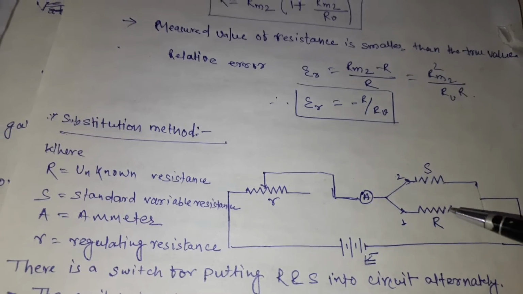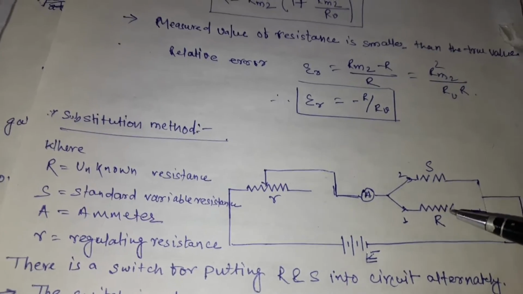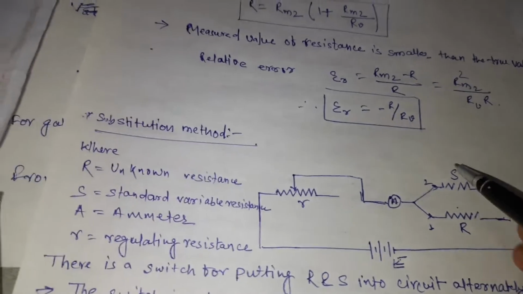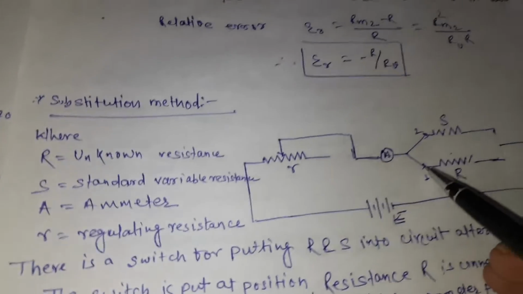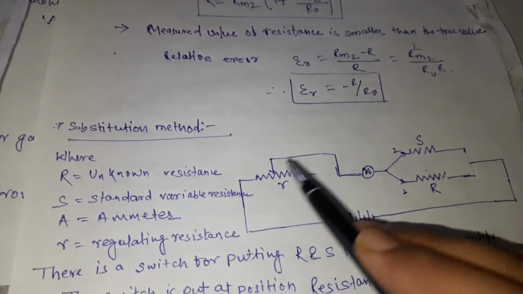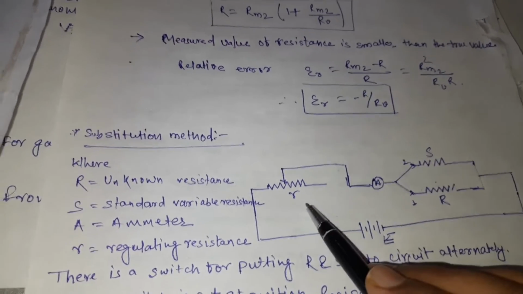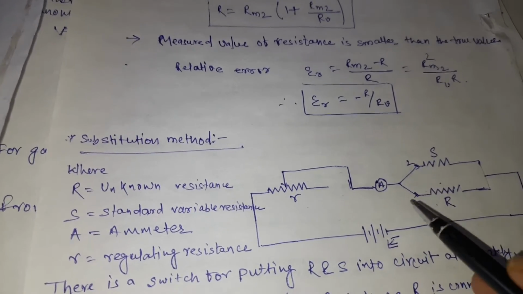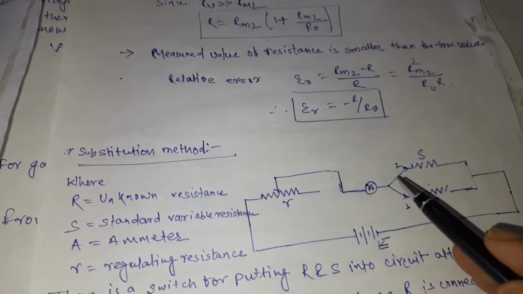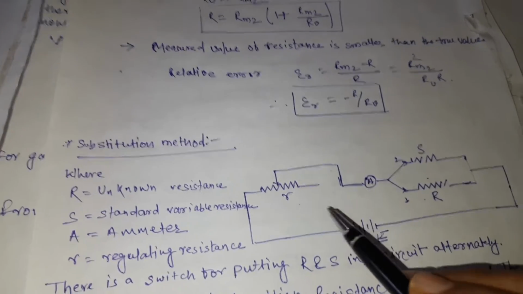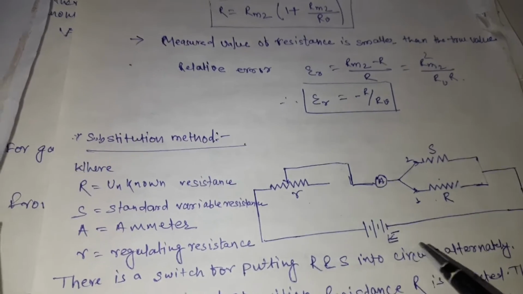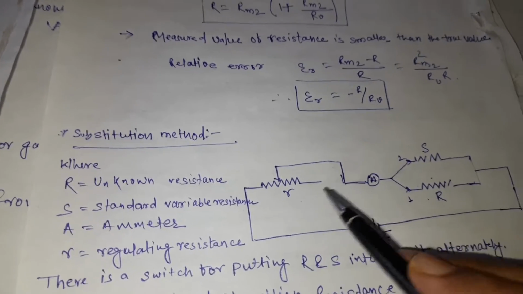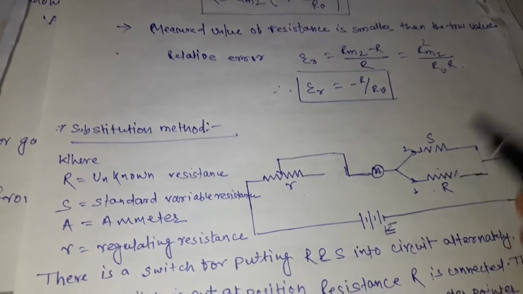First, in case 1, when the switch is at position 1, the circuit has the small variable resistance r and the unknown resistance R. When the switch is in position 2, the circuit has the EMF in series with the small resistance r and the standard resistance S.